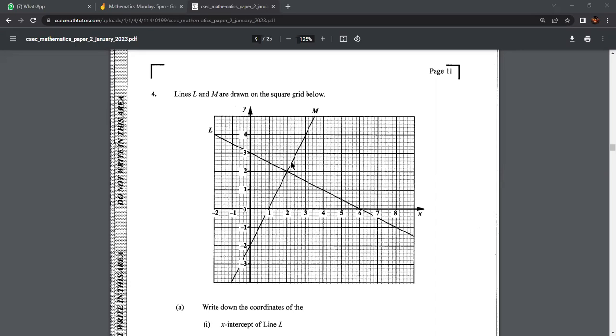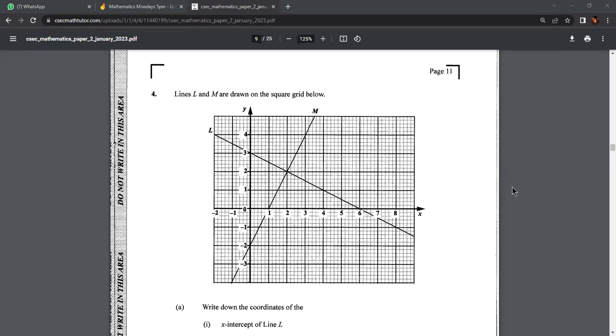Now, if I look at these two graphs, when you're solving a simultaneous equation, you're going to get an x value and a y value, and both that x and that y value are going to be the same for both equations.